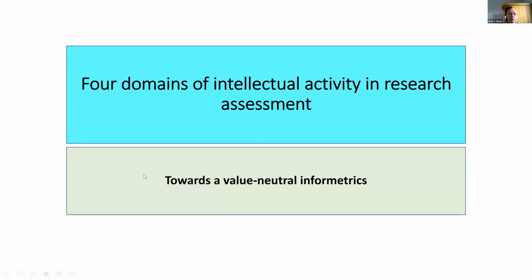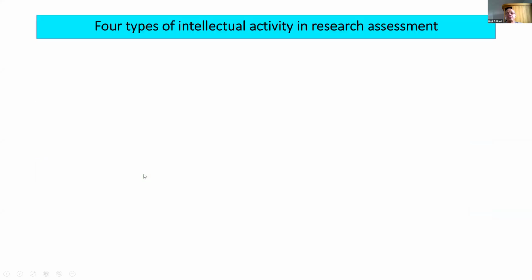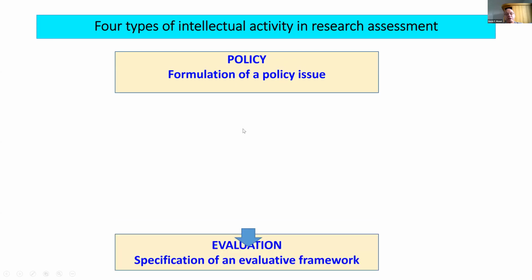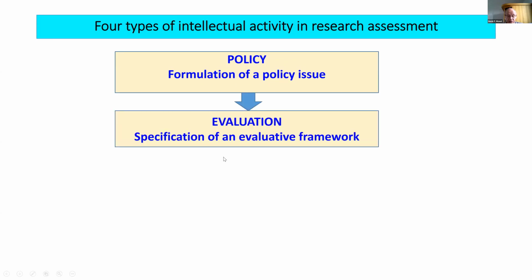Now, there are 4 domains of intellectual activity that we should distinguish. First of all, we have the domain of policy. That is the domain in which a policy problem or issue or objective is defined. Then we have the level of the evaluation. And evaluation means that an evaluative framework has to be specified.